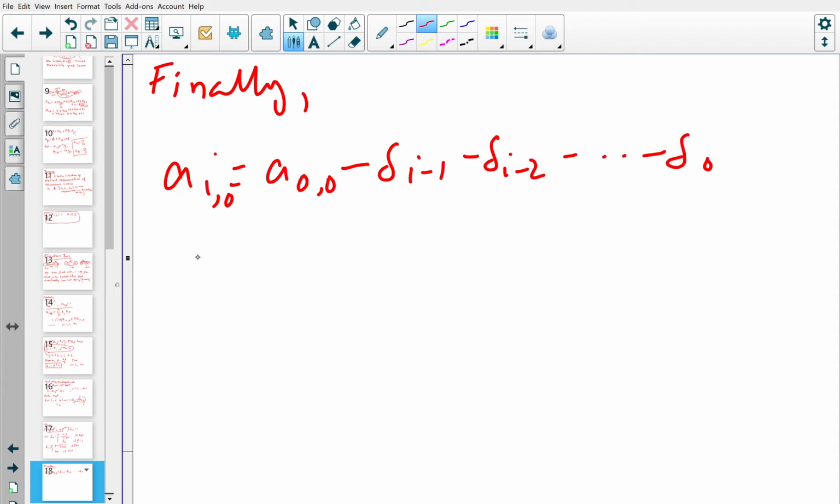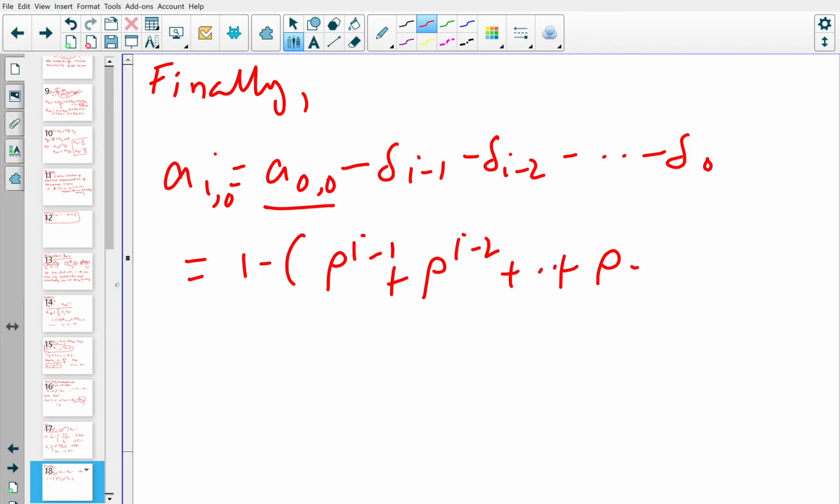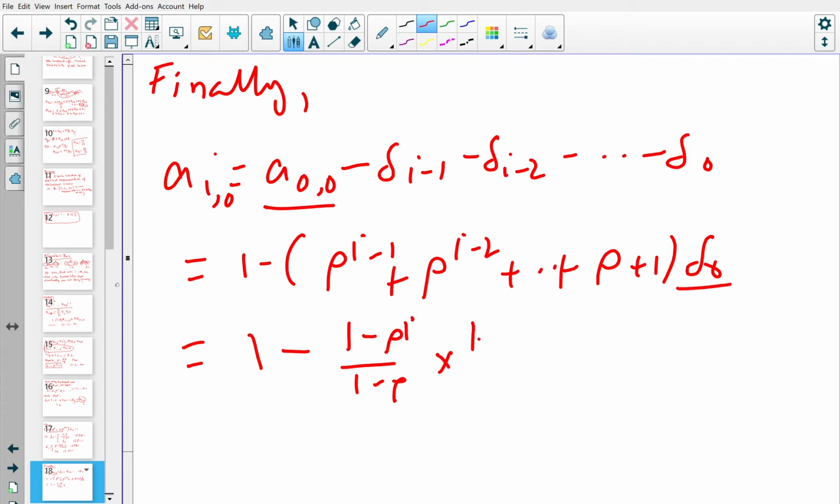If you substitute this value, you have 1 minus (rho to the power i minus 1 plus rho to the power i minus 2, and the last one is rho plus 1) times delta_0. Again, this is a geometric series, so the answer will be 1 minus (1 minus rho to the power i) by (1 minus rho) times delta_0, but delta_0 is what? Delta_0 equals (1 minus rho) by (1 minus rho to the power M), right?